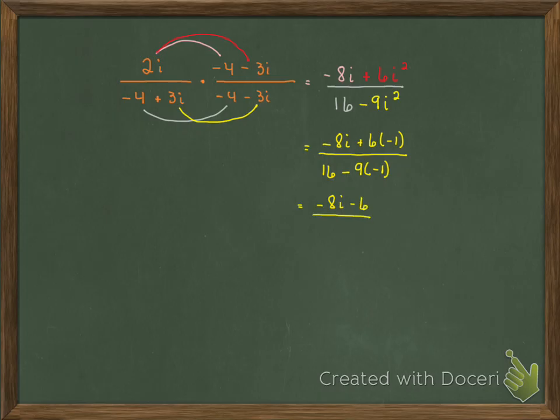And again, we'll deal with that standard form in just a minute. And then -9 times -1 is plus 9. Okay? So in standard form, the real part comes before the imaginary part. And 16 plus 9 is 25. So there's our final solution.